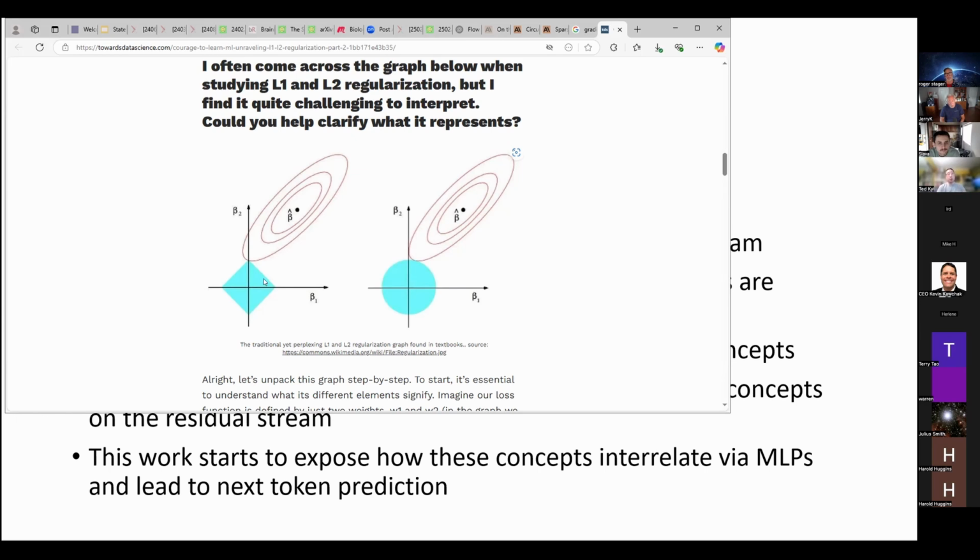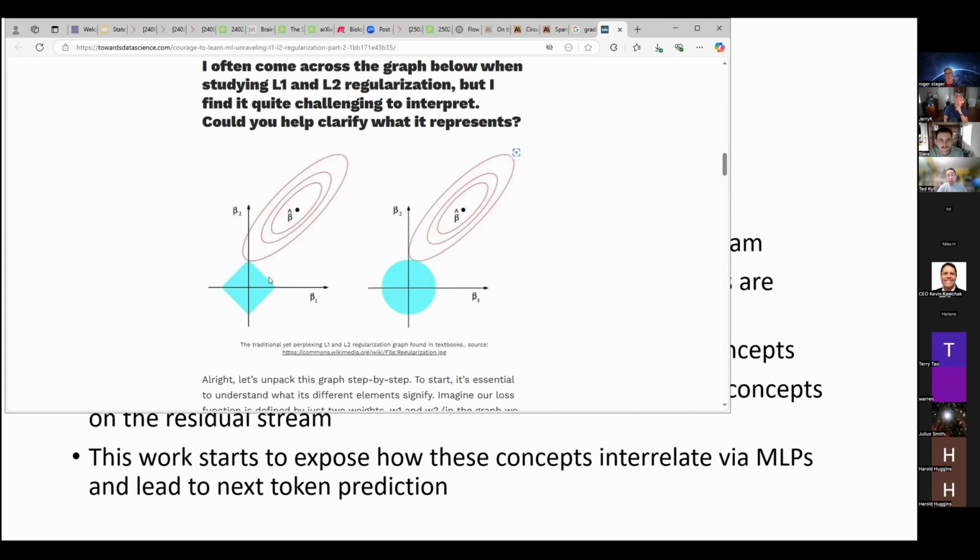Since you're moving towards the origin, maybe beta 2 is shrinking by a third as much as beta 1, and neither of them gets to zero until you hit the origin. But because this is a 45-degree line, beta 1 and beta 2 are both shrinking at exactly the same amount. When one of them goes down by 0.1, the other one goes down by 0.1. When one of them goes down by 0.2, the other one goes down by 0.2.